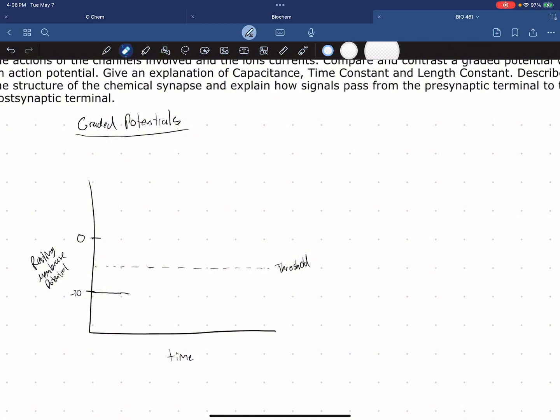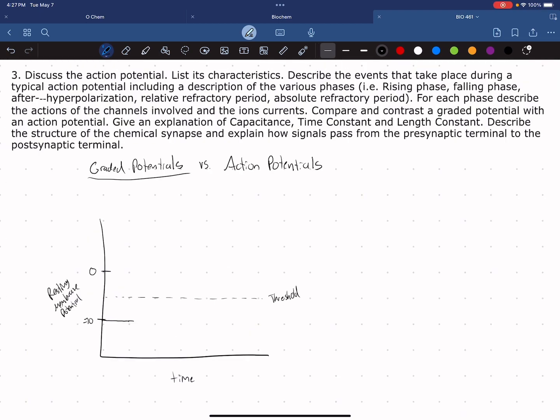But if we have a lot of channels that are open, then our depolarization can be really, really high like that. So that's what causes these potentials to be graded, is that they can be summed with the other channels opening and closing and the other stimulus that is happening. Okay, so now we've talked about graded potentials.